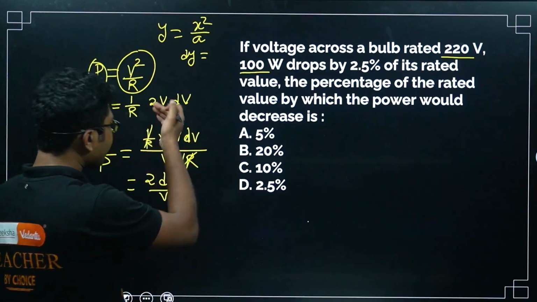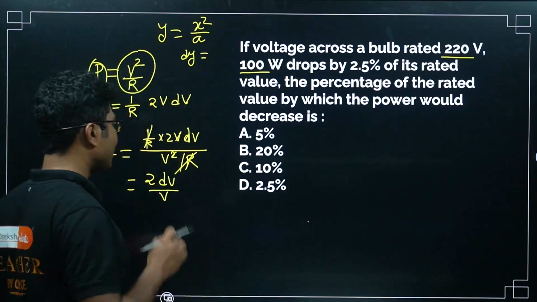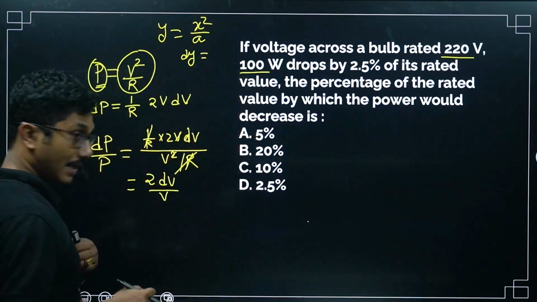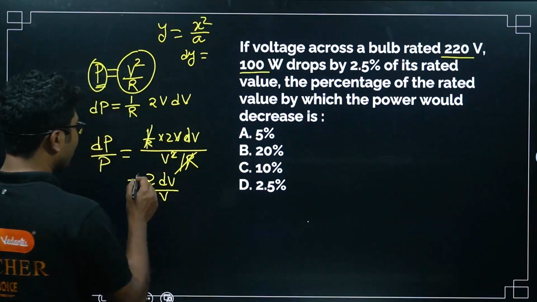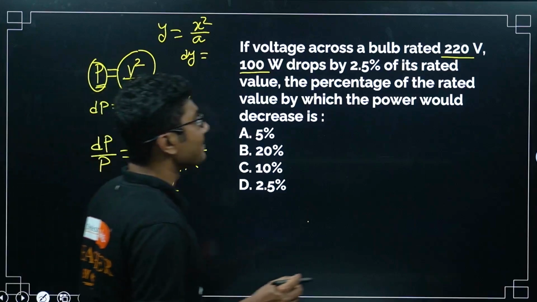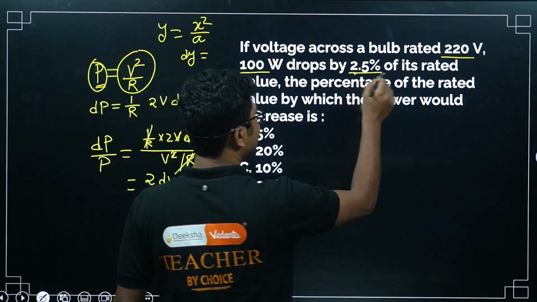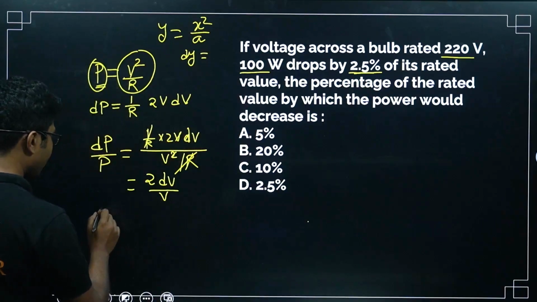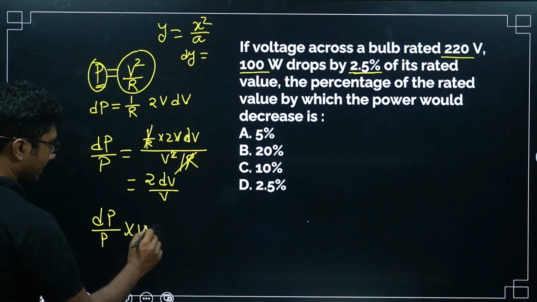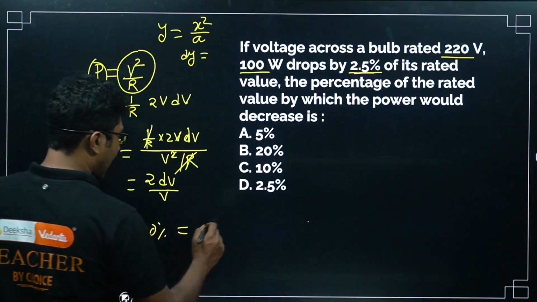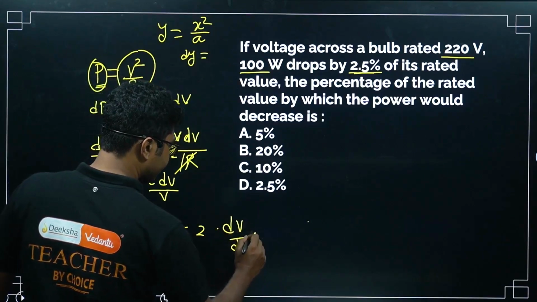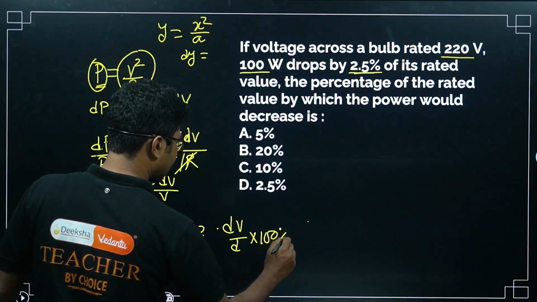Cool. You can check this calculation once more at your own pace in your own notebook and see if I have done anything wrong. So dP by P equals 2 dv by v. Now dv by v is basically the fractional change, and if you multiply it by 100%, you get the percentage. So dP by P times 100% equals 2 times dv by v times 100%.